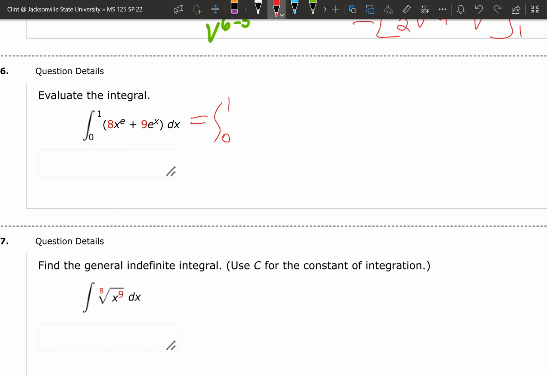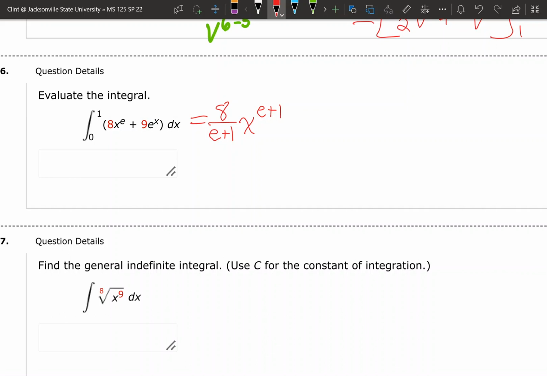So to get the antiderivative of the 8x to the e power, our rule is we add 1 to the exponent, so that's e plus 1. And then we divide our coefficient by our new exponent, that's e plus 1.